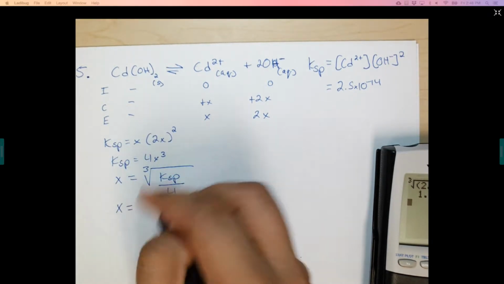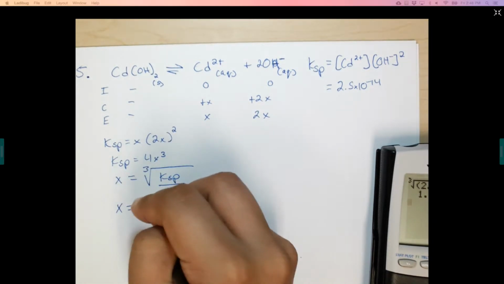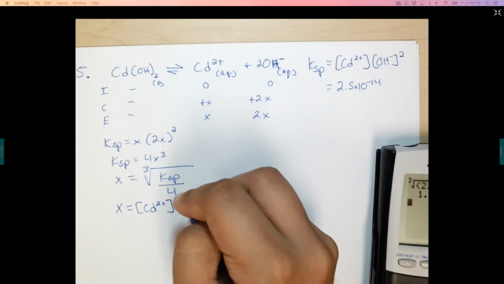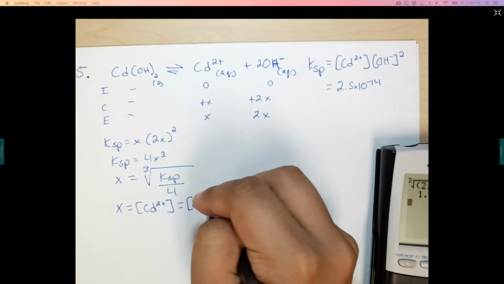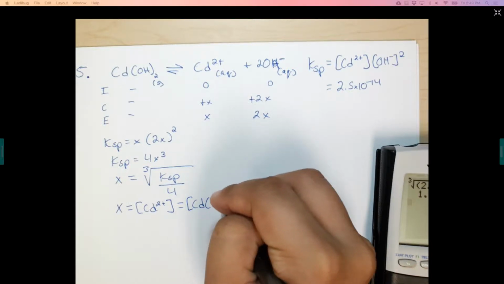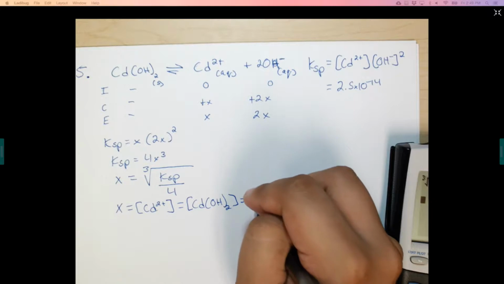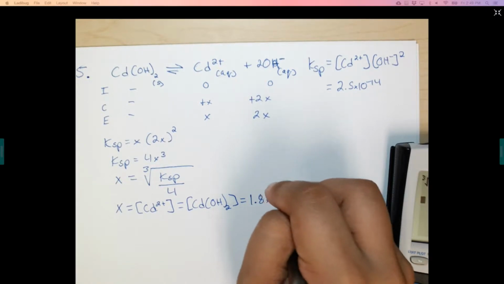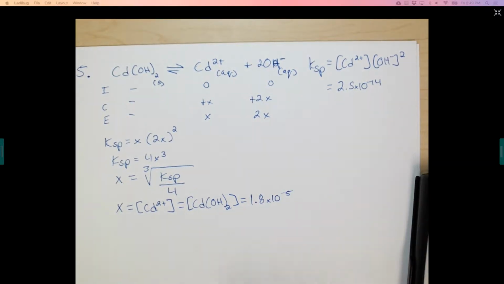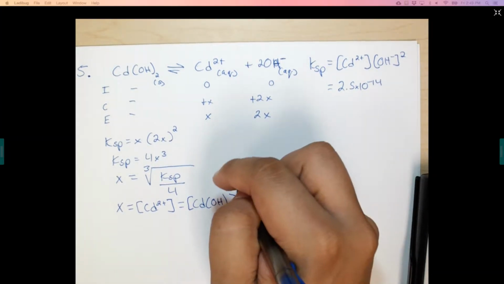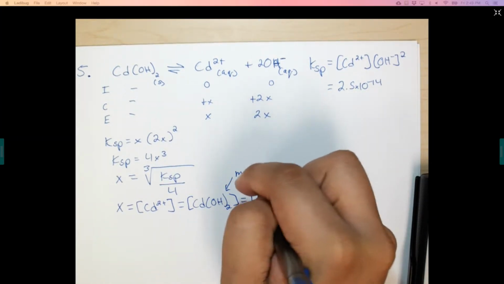So x is equal to the cadmium 2+ concentration, which is equal to the concentration of the entire molecule, right? Because we have a 1-to-1 ratio, which is equal to 1.8 times 10 to the negative 5. Okay, so that is molar solubility. Anything that involves this is when we hear and see molar solubility.